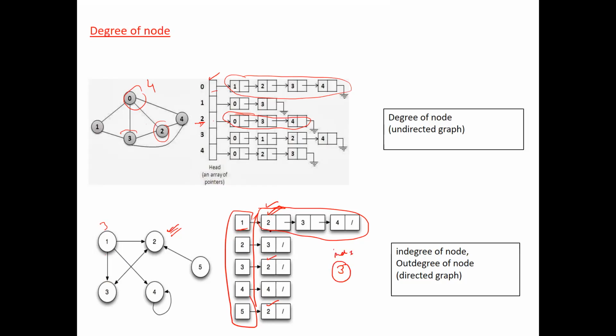You have to find the number of entries of 2 in the adjacency linked lists. That means it is difficult to find the in degree of a vertex if you are using an adjacency list, but it is easy to find the out degree. If I want to find the out degree of 1, I merely have to count the number of elements in the linked list pertaining to that index 1 array node.